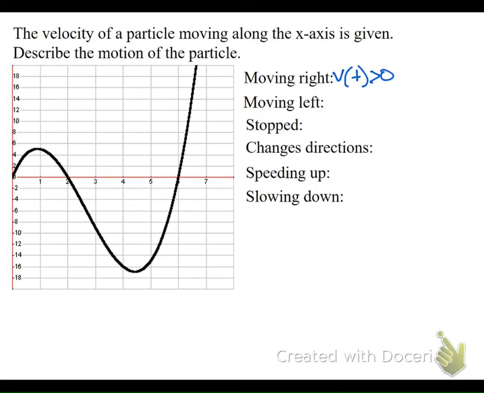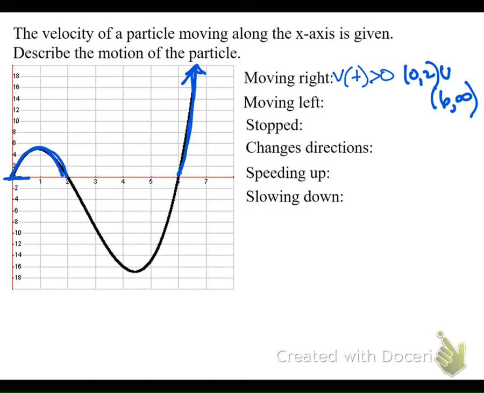Well, if this is the velocity graph, then velocity is positive when it is above 0, above the x-axis. So velocity positive would be all of this and this, everything above 0. That's velocity positive. So how do you write that answer? We'd say the velocity is positive from 0 to 2 and from 6 to infinity. Union 6 to infinity. Okay, that's velocity positive and moving to the right.